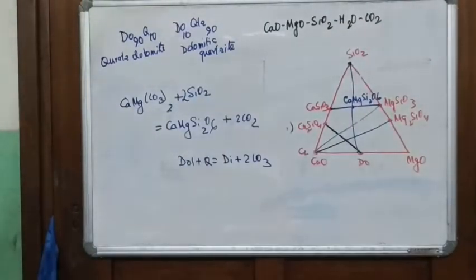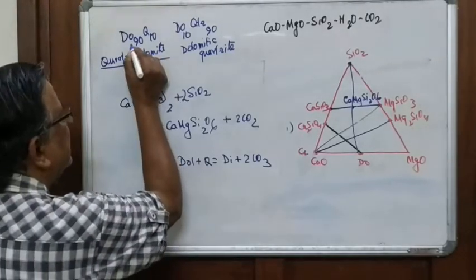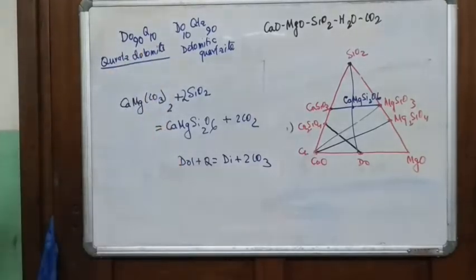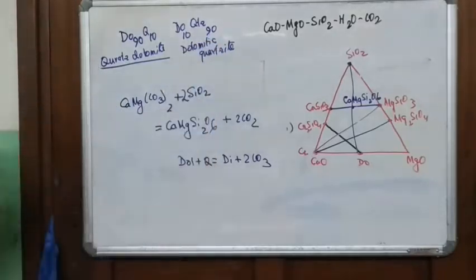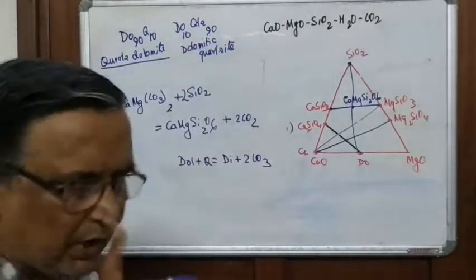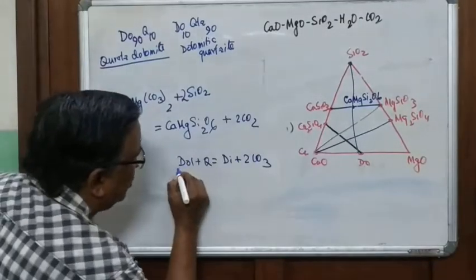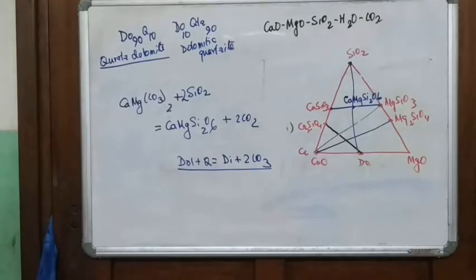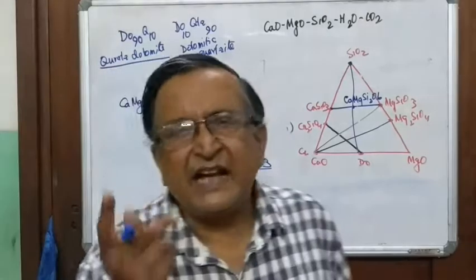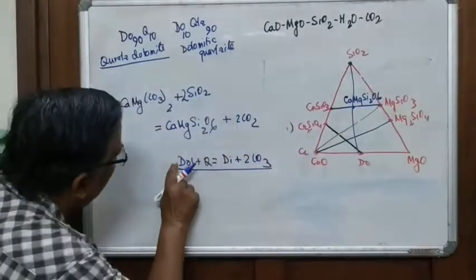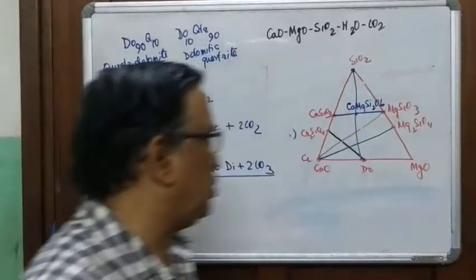Now you see, if you take quartz dolomite, it has dolomite 90, quartz 10. And dolomitic quartzite, dolomite 10, quartz 90. Now, if you start this reaction, look at this. What is happening? Dolomite and quartz are reacting in the mole ratio 1:2.